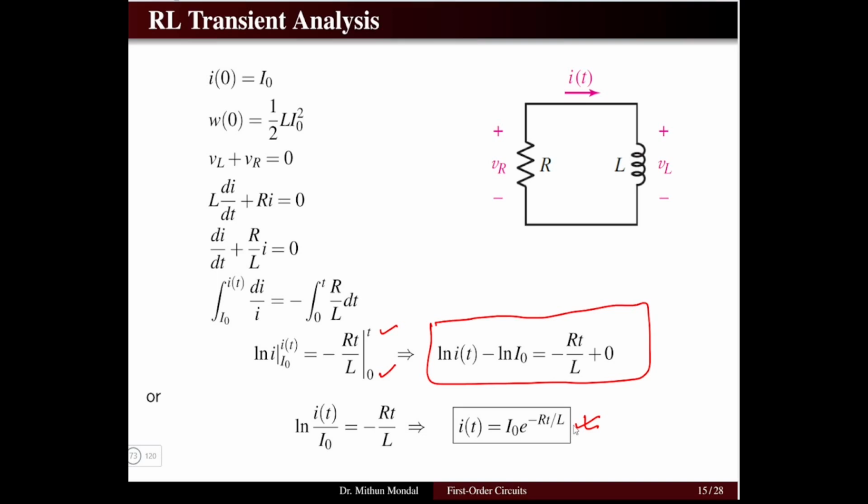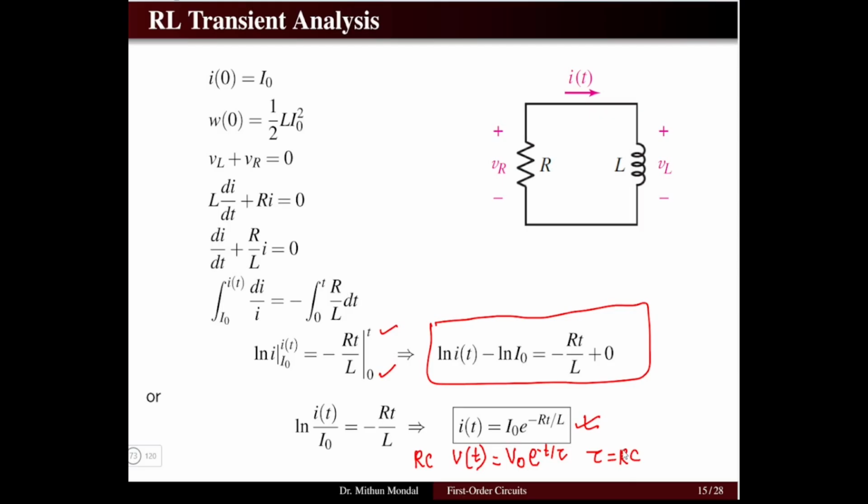If you remember the previous equation that we derived in terms of the capacitor, our variable was voltage. So there we had V of t, and the initial condition was the capacitor voltage, V naught, and then e to the power minus t by tau, where the value of tau is equal to RC.